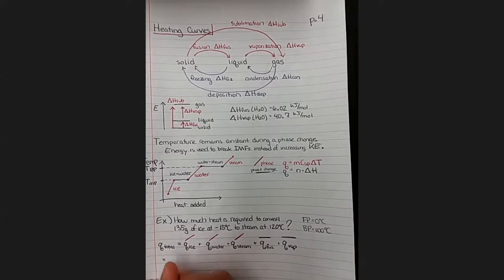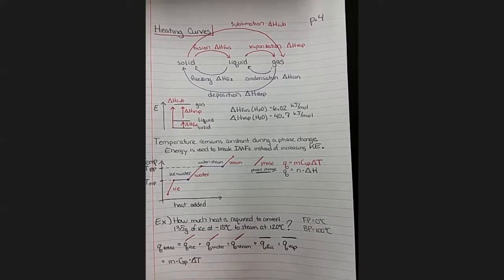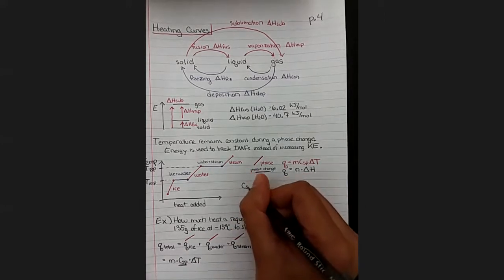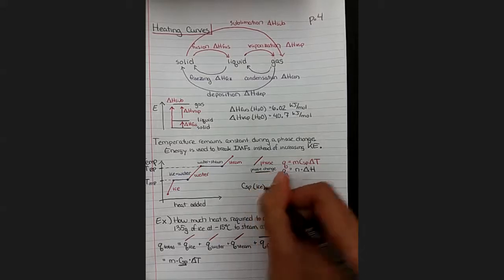So let's get this equation set up so you can see what it looks like. For Q of ice, we have the mass of ice, the specific heat capacity of ice, and the change in temperature of ice. Keep in mind that the specific heat for solid ice is different than the specific heat for liquid water. So let's write those here.